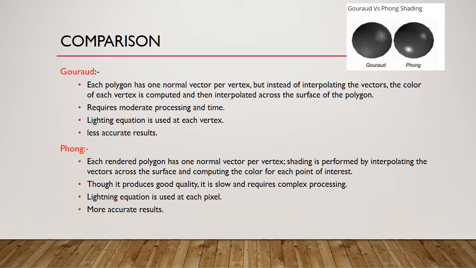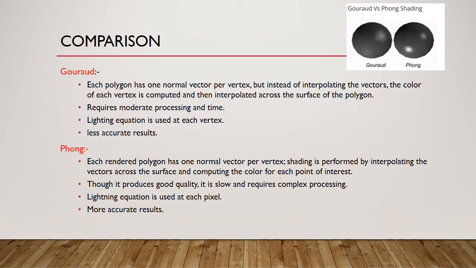In Gouraud shading, the polygon has one normal vector per vertex, and the illumination value calculated for that vertex is applied throughout the polygon surface. It requires moderate processing time, and less accurate results occur here.